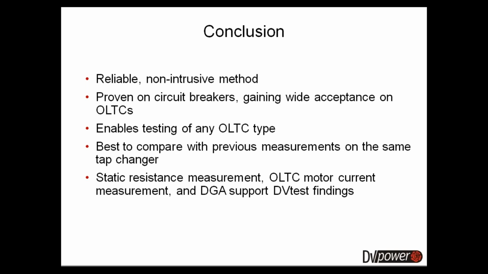An additional advantage is that this method enables testing of any on-load tap changer type, whether it is oil or vacuum, whether it is reactance type or a resistive type. And the best way to compare the results is by either comparing the 3 phases with each other or by comparing with the previous reference measurements performed on the same tap changer.